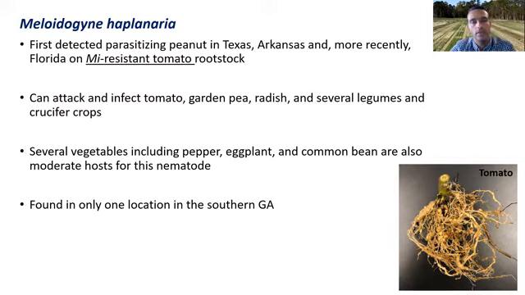Although the nematode was initially found on peanut in Texas and Kansas, and later on tomato rootstock in Florida, this nematode, similar to Meloidogyne floridensis, can also break the resistance in tomato. That's why it is very important to prevent the distribution of this nematode in the state.